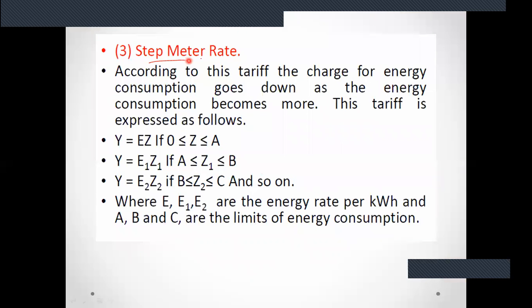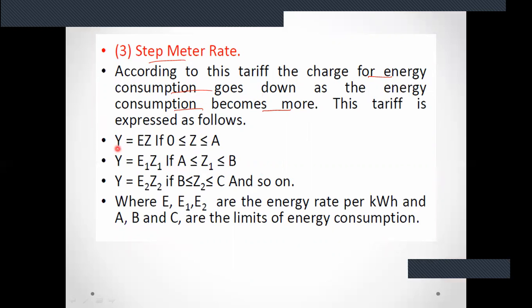Then the third one is the step meter rate. According to this tariff, the charge for the energy consumption goes down as the energy consumption becomes more. So if I increase the energy consumption, the charges will go down.